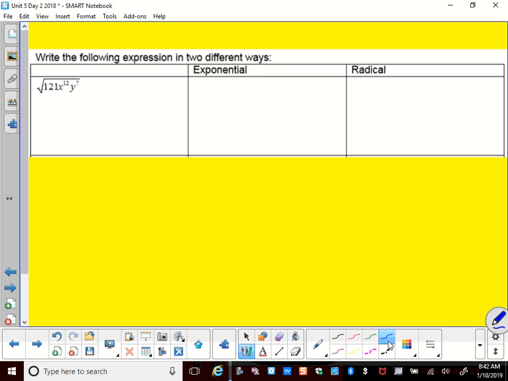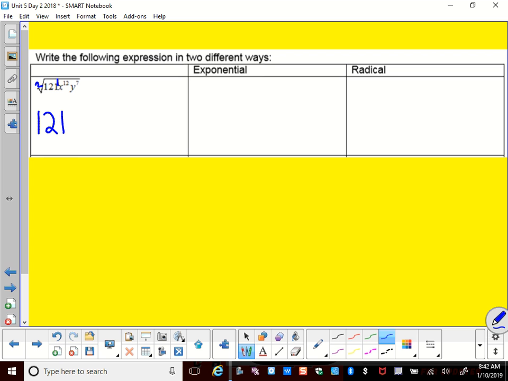Okay? I have the square root of 121 and x to the 12, y to the 7. What's my power on 121? 1. What's my root? 2. It's not in there, but I know that it's there. Okay? So let's rewrite this. All we're doing first is rewriting. You guys have to do what I'm doing.